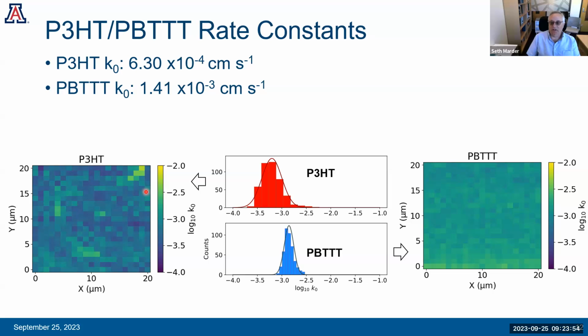So in other words, if the underlying electrode was what was governing it, some of the homogeneity of the PB/TTT would have been modulated by the hotspots on ITO.